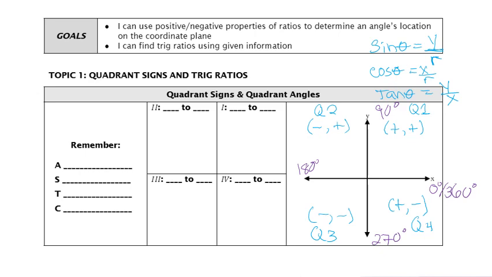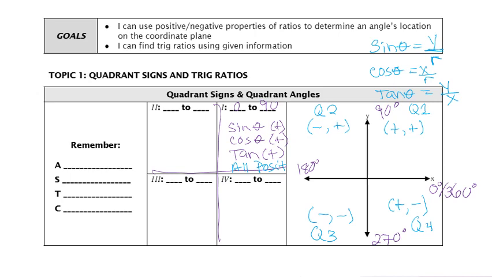When we calculate these ratios, it works out that in our first quadrant, from 0 to 90, sine of theta is always going to be positive, cosine of theta is always going to be positive, and tangent of theta is always going to be positive. So in this first quadrant, all three ratios are positive. And then obviously the reciprocals are going to follow suit with those same properties.